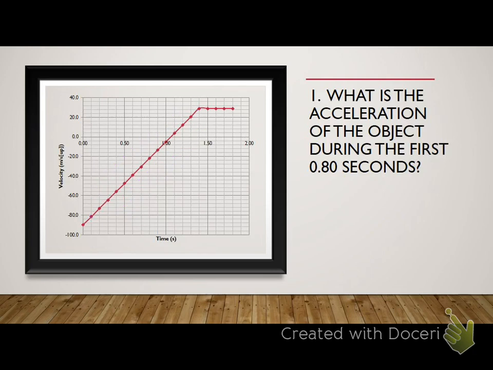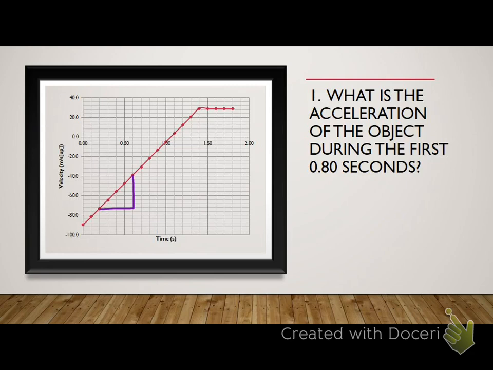So numbers that I used, I was going to start off at my 0.2, and then that corresponding number is negative 73. So I am starting down at this point here, and then I'm going to be moving on to about the 0.6 mark, and that corresponding number is about negative 39.